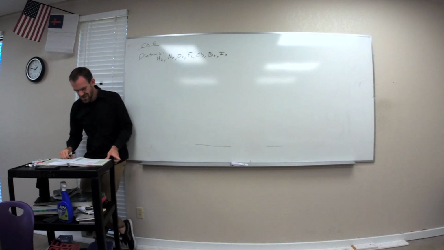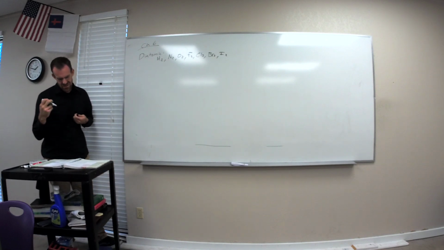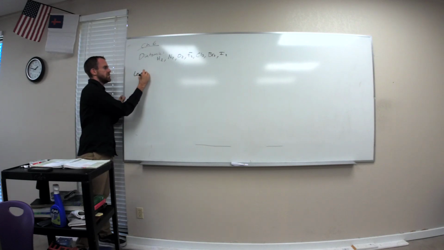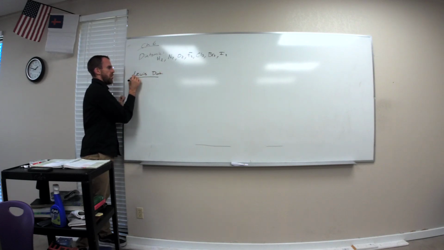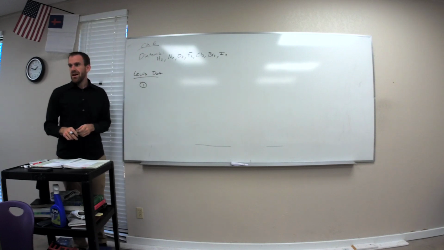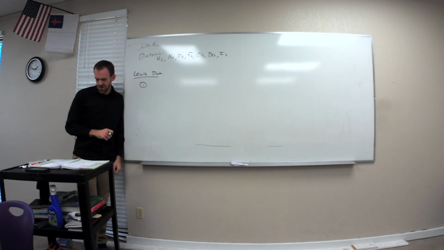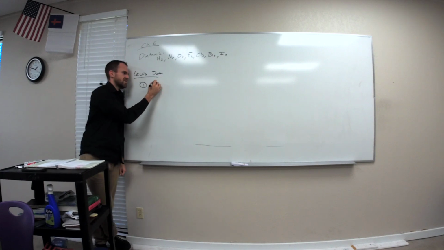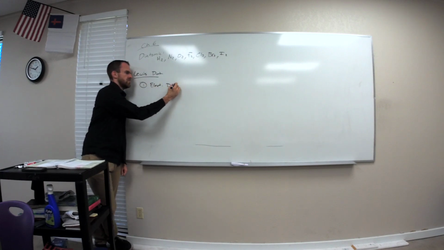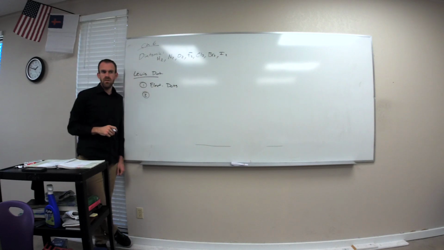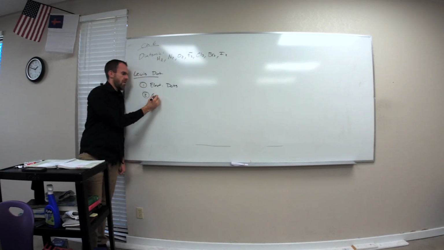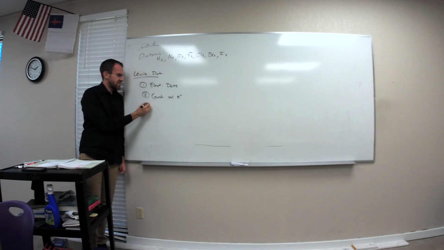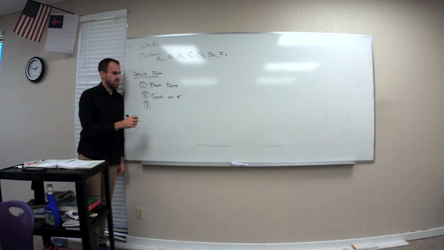Then we talked about Lewis dot structures. What are the steps to a Lewis dot structure? Step 1, draw electron dots. Step 2, count valence electrons. Step 3, place the most unpaired atoms in the center.